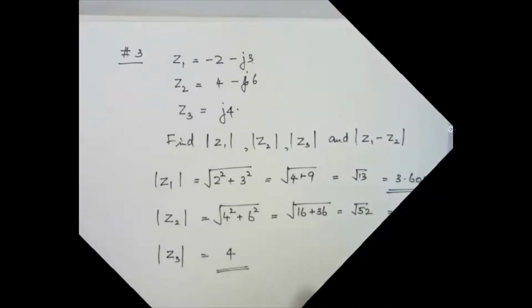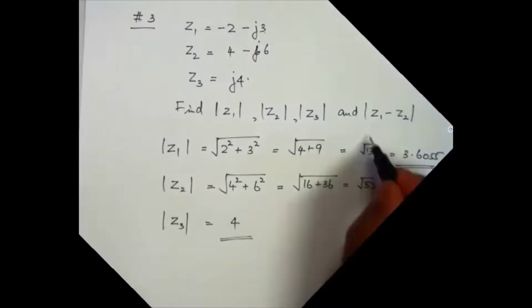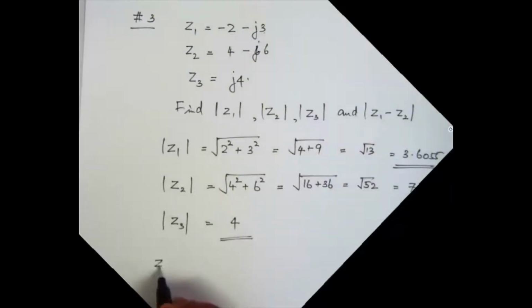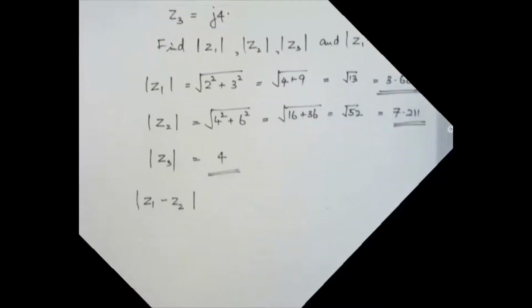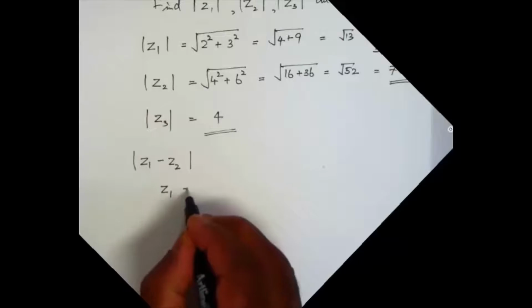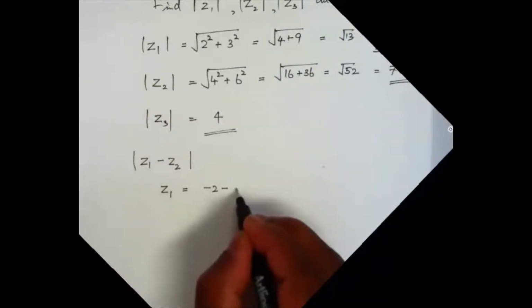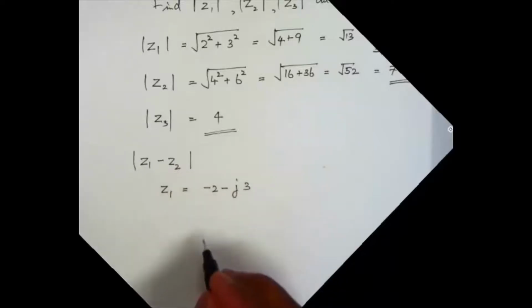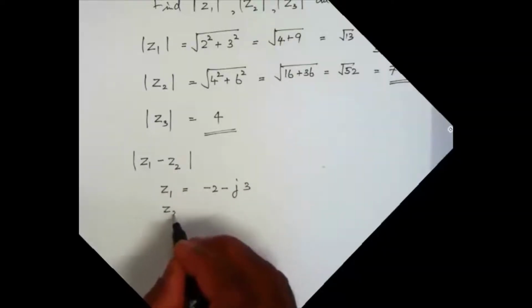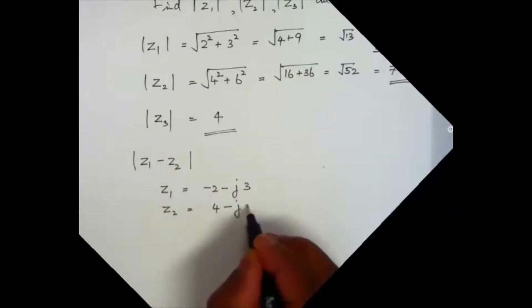Now let's see the last one, the modulus of Z1 minus Z2. So I will rewrite this: Z1 is equal to -2 minus j3, and Z2 is equal to 4 minus j6.